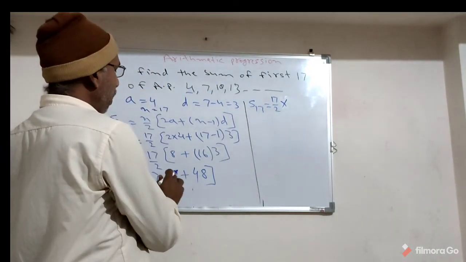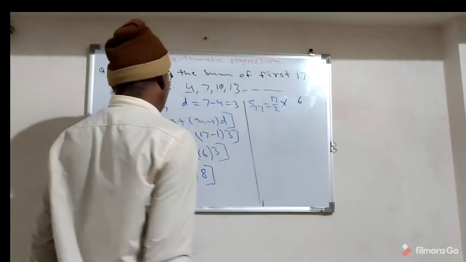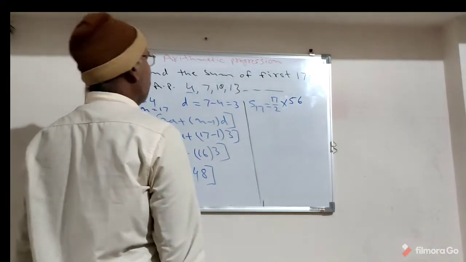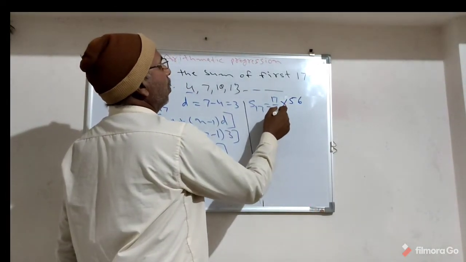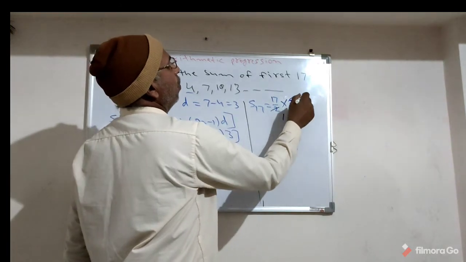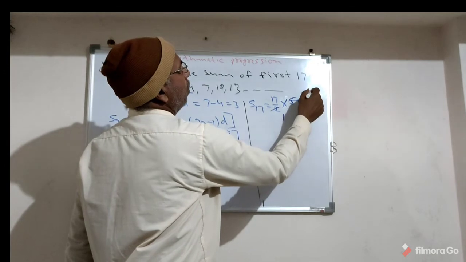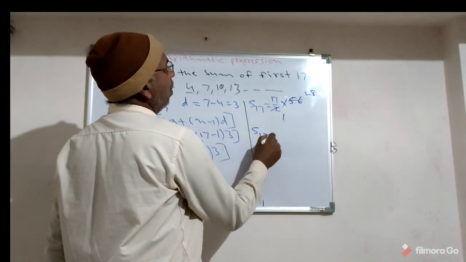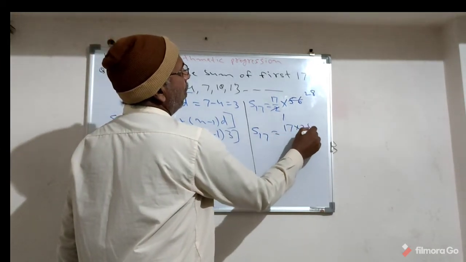Sum of 48 and 8: 8 and 8 are 16, carry 1, 56. 2 1s are 2, 2 2s are 4, 2 8s are 16. Then S17 equals 17 into 28.